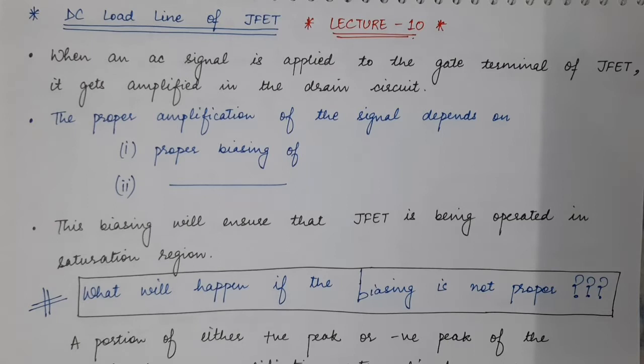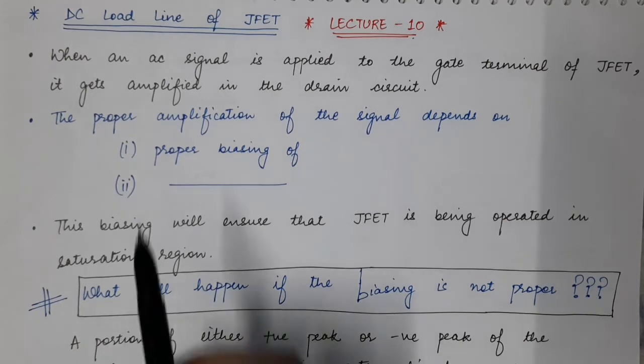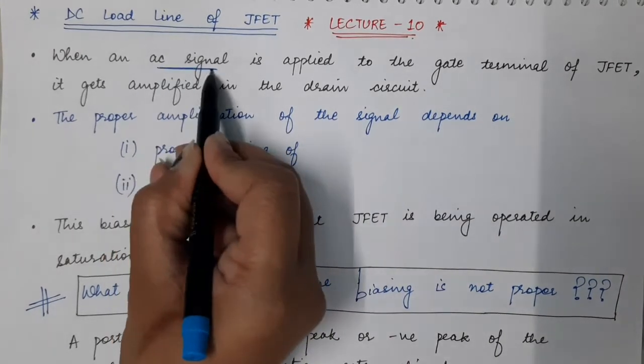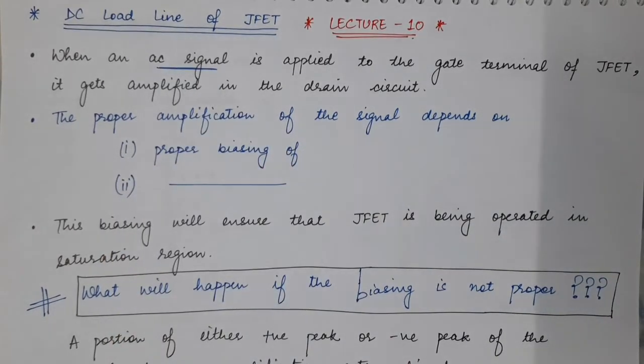Whenever we use this FET as an amplifier, the main aim of using these field effect transistors is amplification. So when we use this junction field effect transistor for amplification, then we apply the AC signal which is to be amplified. And here we are taking the example of common source amplifier.